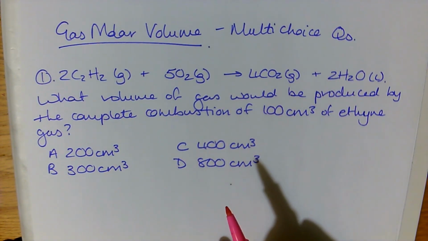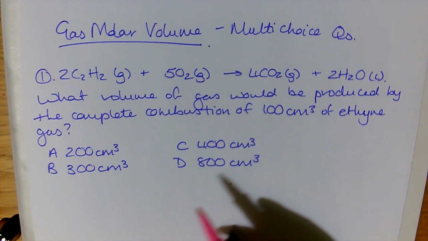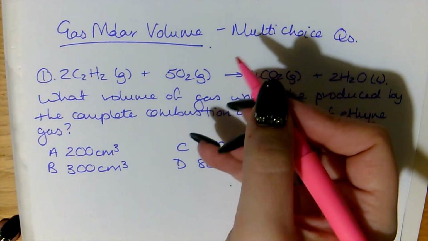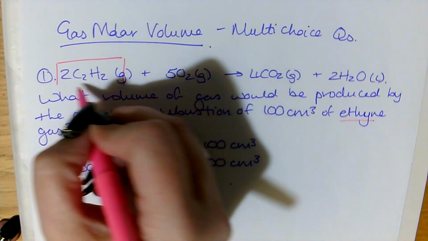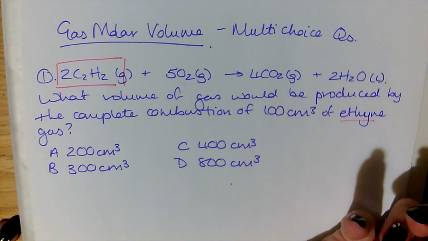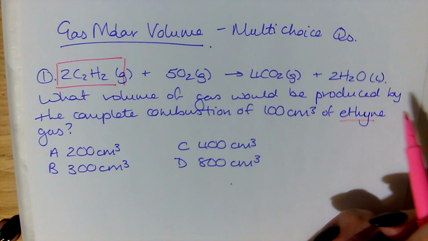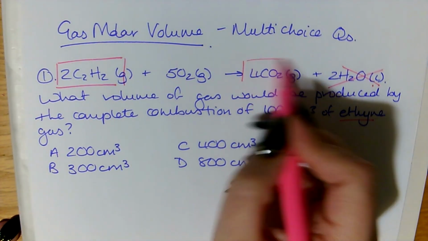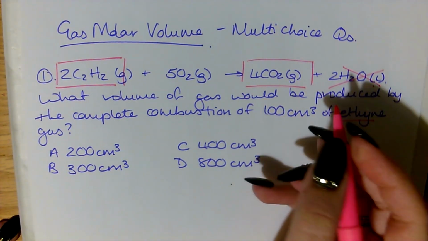So the first thing you have to do is identify the chemicals that the question is asking about. So it's asking us about ethane gas, so we can highlight that, and it's asking us about what volume of gas would be produced. Water here is a liquid, so we're ignoring that and we're only looking at our one gas that's produced.